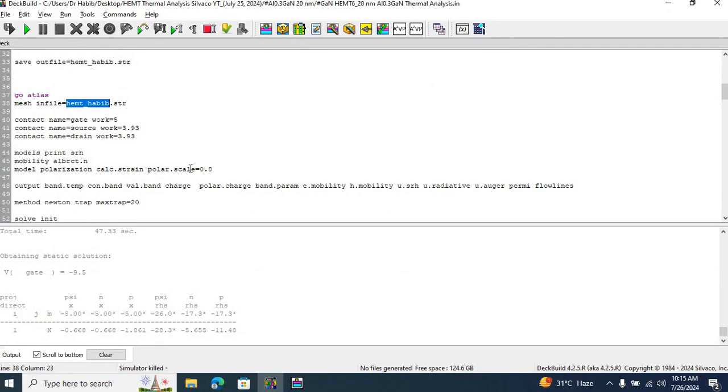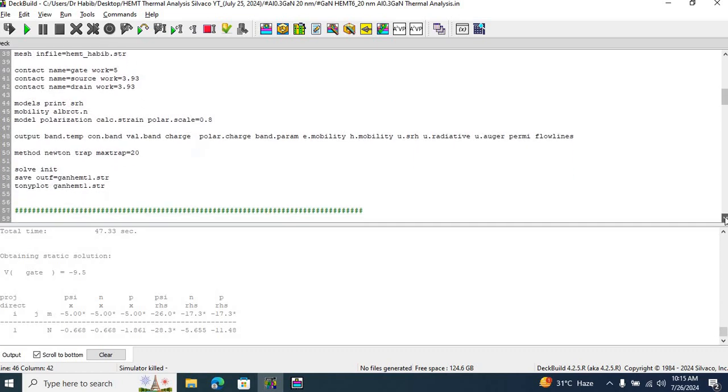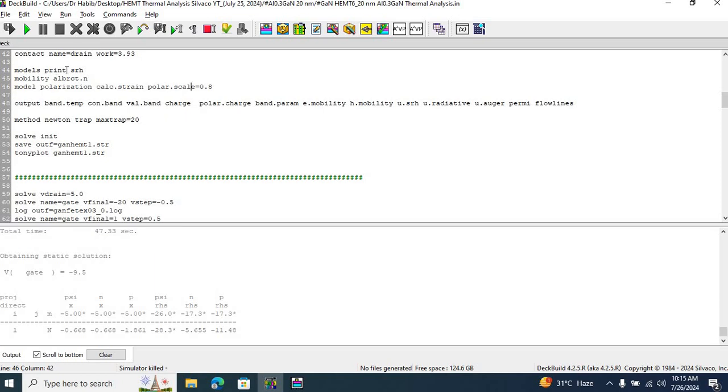Then I define different models. The print model, for example, tells us the runtime status of our simulation, then the Shockley-Read-Hall recombination. This model over here enables the mobility model. Then I have introduced polarization and strain models. This enables automatic calculation of the interface charges due to spontaneous and piezoelectric polarization.